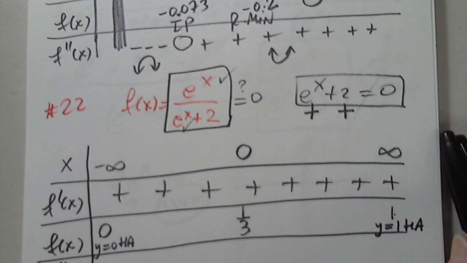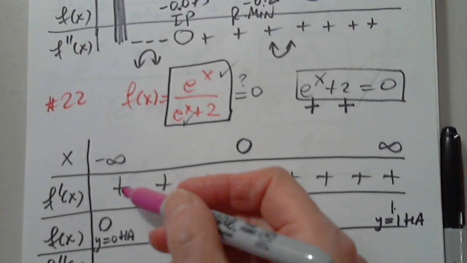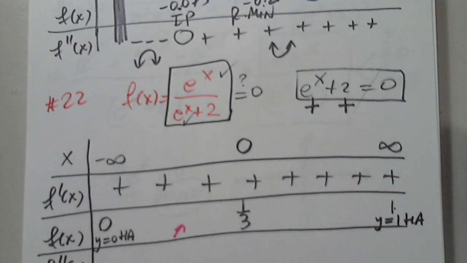That's how I catch my mistakes. Okay. From 0 to 1/3, what does the function do? Can you repeat that? Yes, from 0 to 1/3, what does the function do? Increase. Yes, and it's supported by the sign of the derivative. From 1/3 to 1, what does the function do?